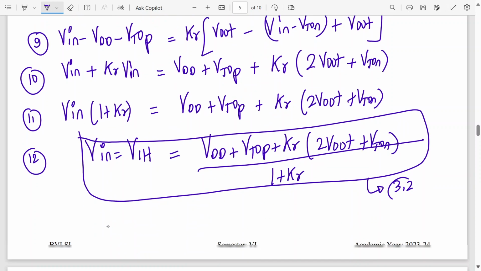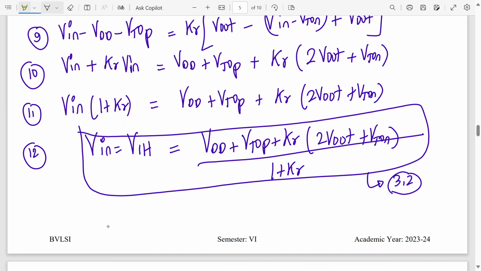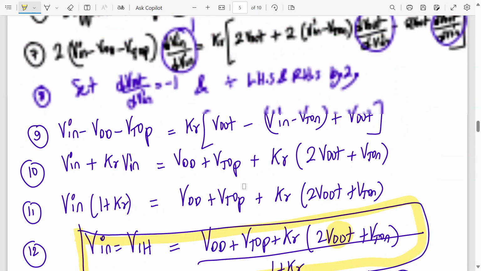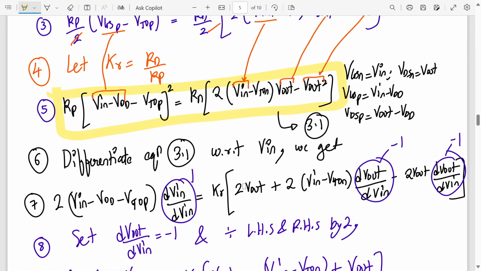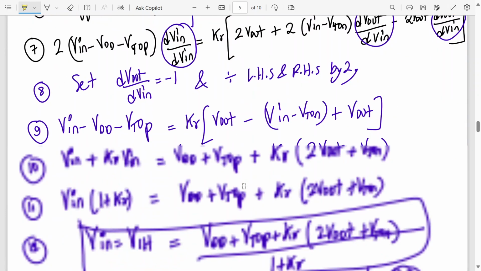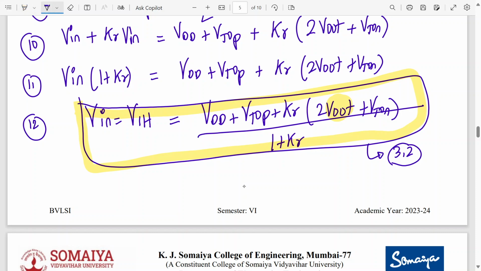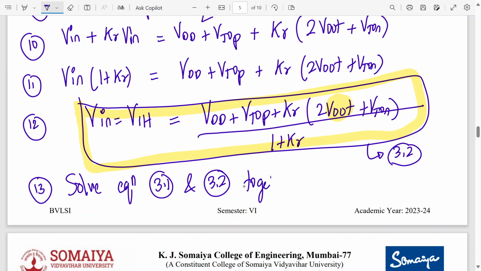This will give me the value of VIH. But here it is a dependent term of V out, so you have to get that value of V out from equations 3.1 and 3.2. We have to solve it together. So finally, last point for the day: solve equations 3.1 and 3.2 together to get the value of V in equal to VIH.